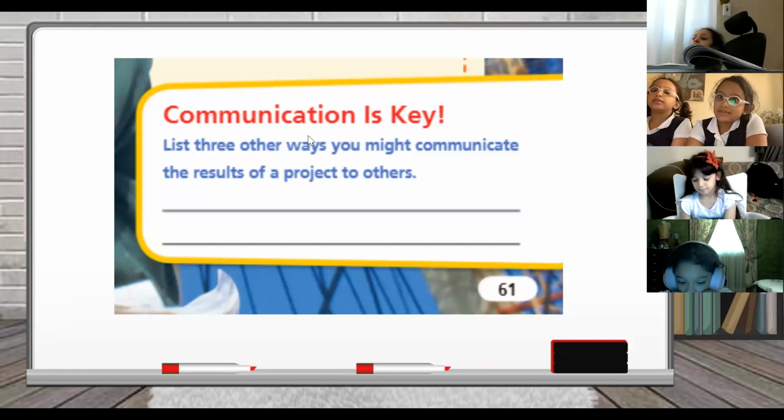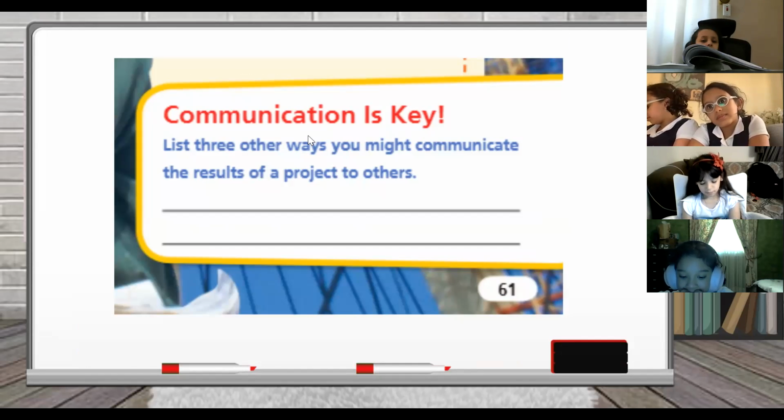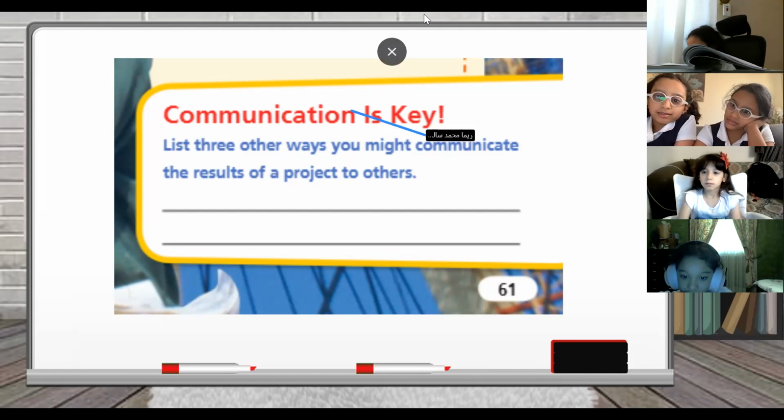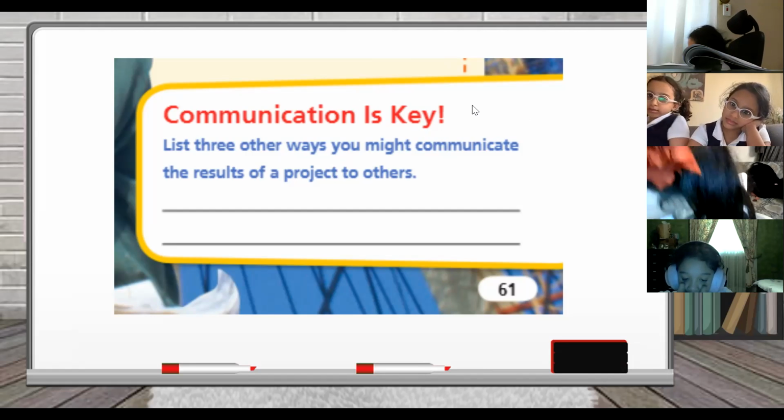Communication is key. So they need to communicate with others. Why do you think they need to? Because this is the key. This is the key for what? To tell people about it and to start building it.